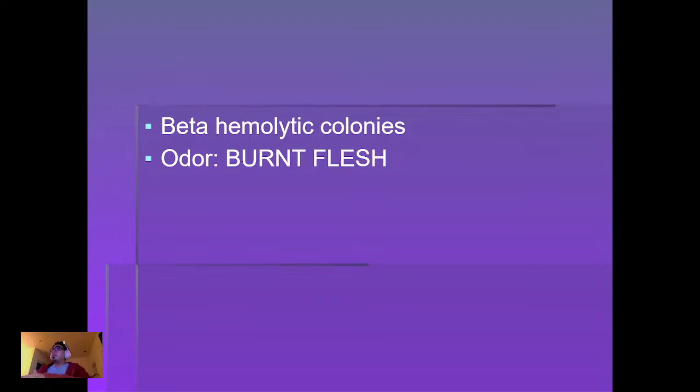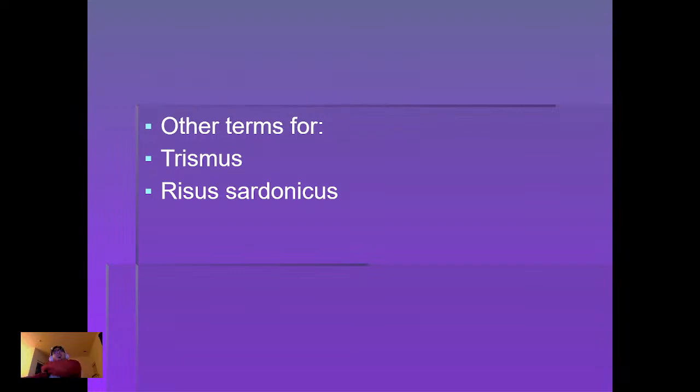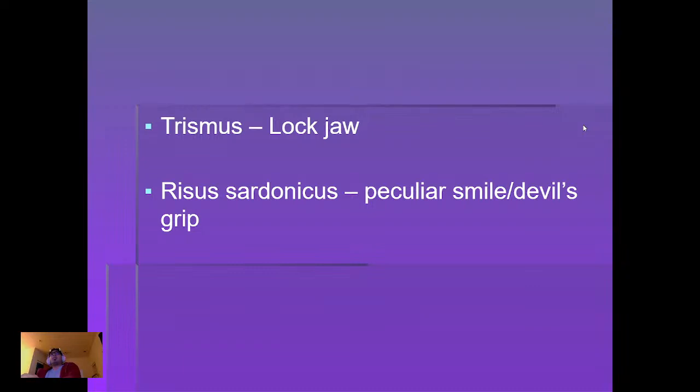Okay? There are also terminologies that we have to remember, especially when we're talking about tetanus. Tetanus is associated with trismus and risus sardonicus. Trismus is known as lockjaw, and risus sardonicus is what you call the peculiar smile or devil's grin. Yan yung may picture yan actually dito, but hindi lumalabas.